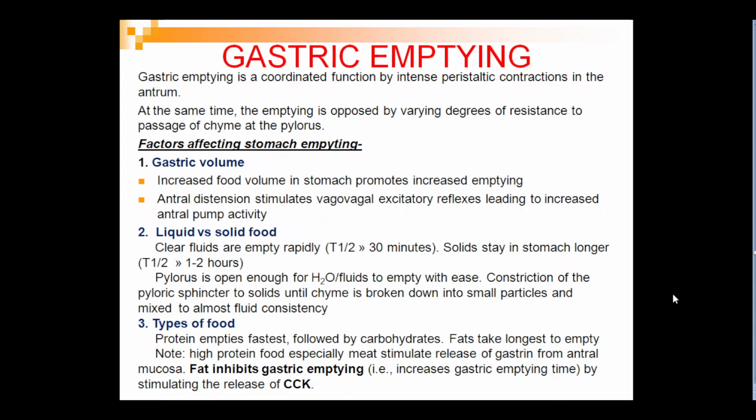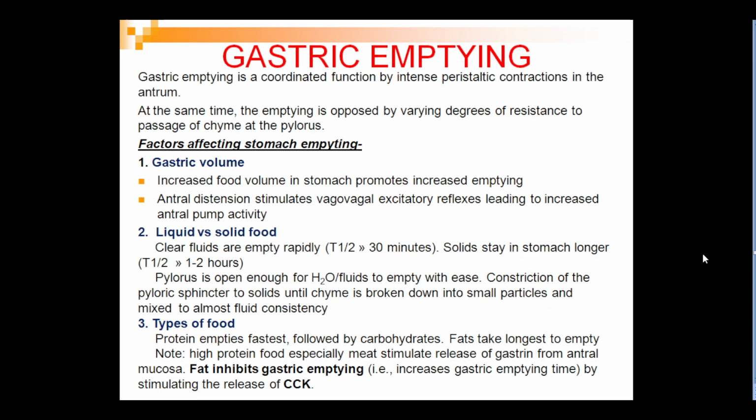Now, a few more things about gastric emptying. Gastric emptying doesn't happen like all of the stomach content going into the duodenum. No, it happens bit by bit, so it's partial. And there will be a few factors which might influence the way it empties.